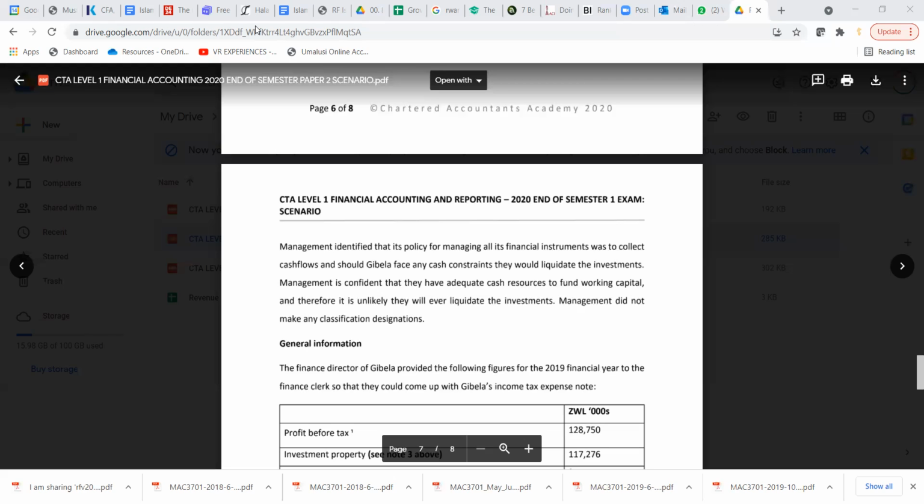irrevocability, where it says an entity may make an irrevocable election at initial recognition for particular investments in equity instruments that would otherwise be measured at fair value through profit or loss to present subsequent changes in fair value in other comprehensive income.